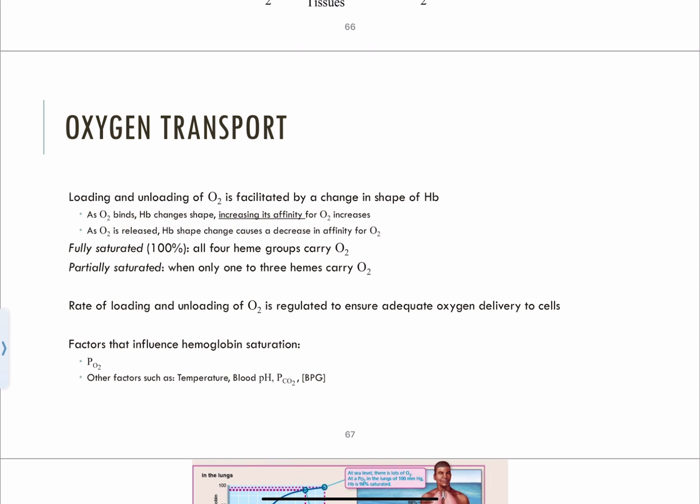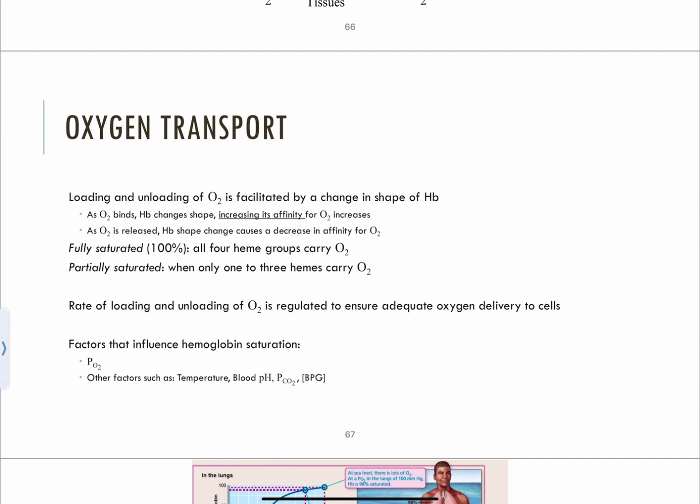Once the first oxygen molecule binds to that first iron atom, that hemoglobin molecule is going to change shape. And it changes shape in a way that causes it to be more likely to bind more oxygen molecules afterwards. So once that first oxygen molecule binds, it's going to readily uptake 2 more oxygen molecules, and even a fourth can be uptaken as well.